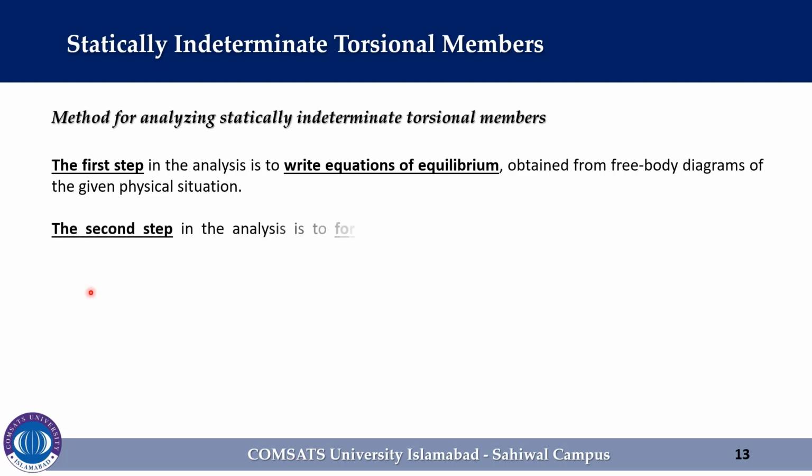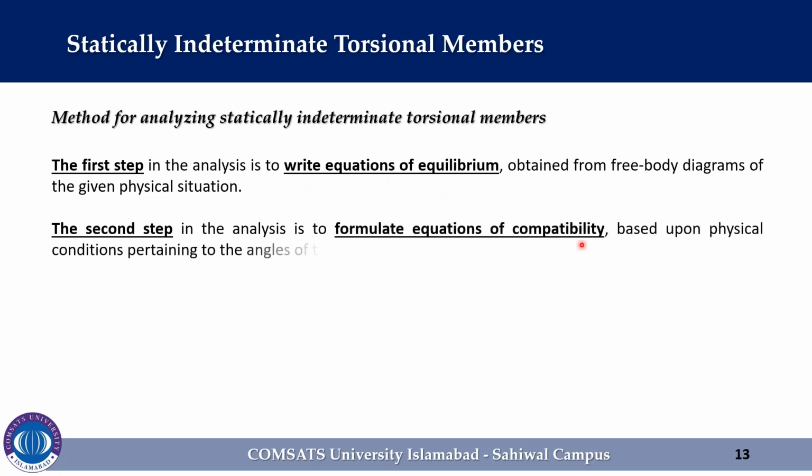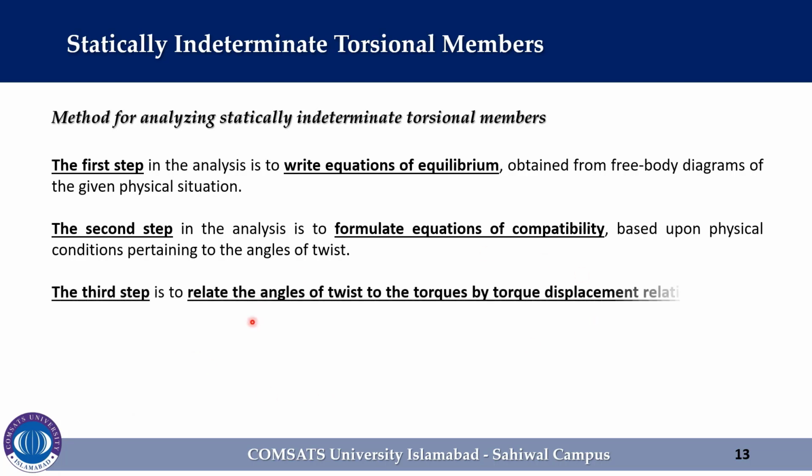The second step in the analysis is to formulate equations of compatibility based upon physical conditions pertaining to the angles of twist. As a consequence, the compatibility equations contain angles of twist as unknowns. However, the final or third step is to relate the angles of twist to the torques by torque displacement relations, such as phi is equal to TL over GIP.